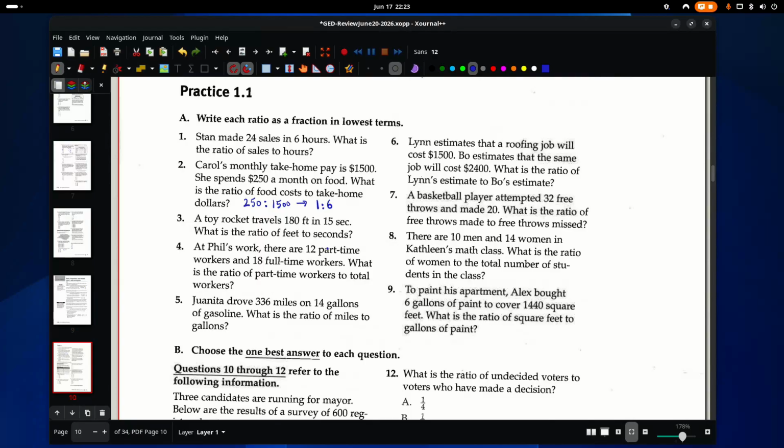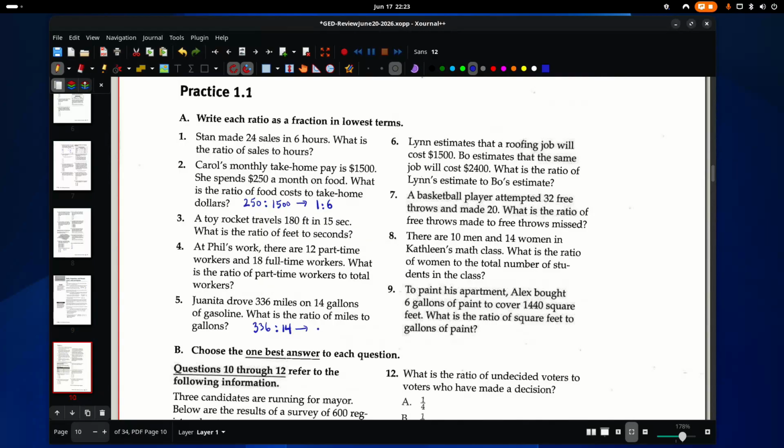Okay. How about number 5? Juanita drove 336 miles on 14 gallons of gasoline. What is the ratio of miles to gallons? So this ratio is going to be 336 miles to 14 gallons. Now we can reduce this.